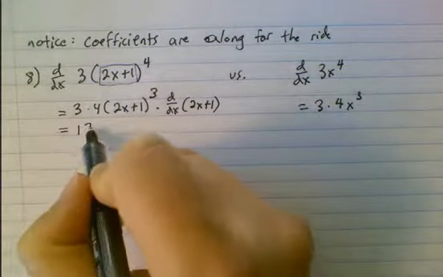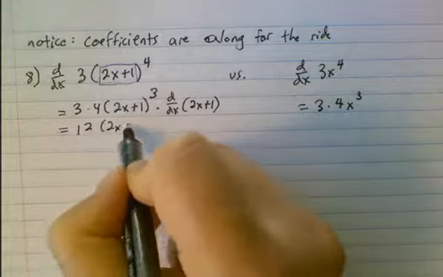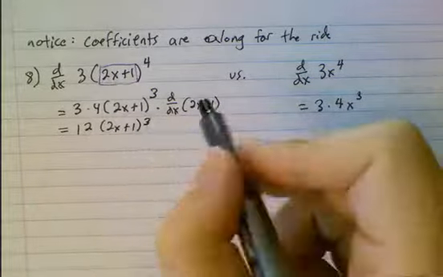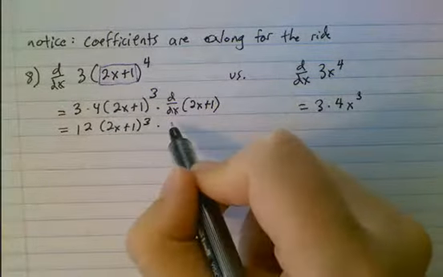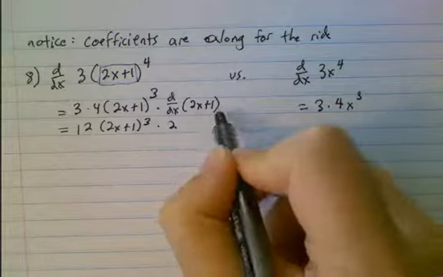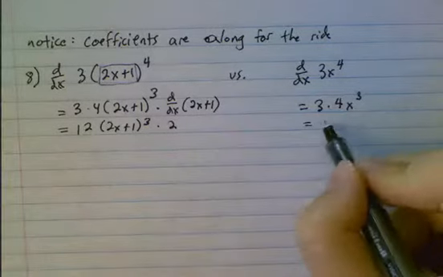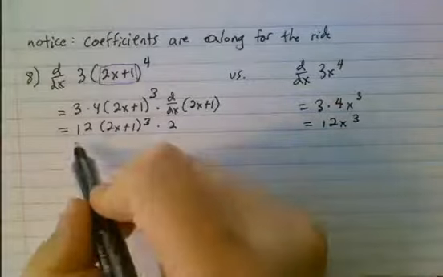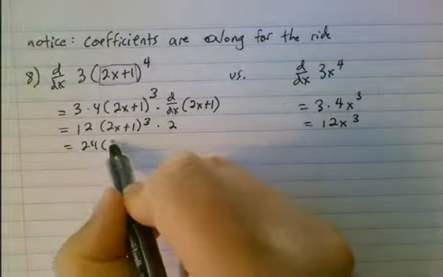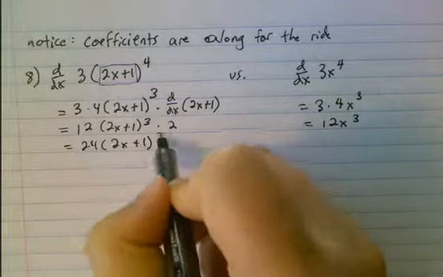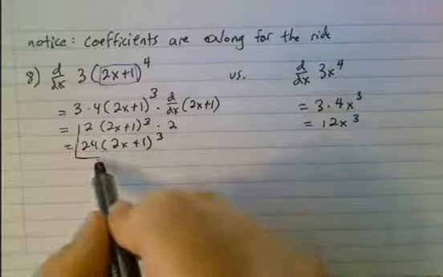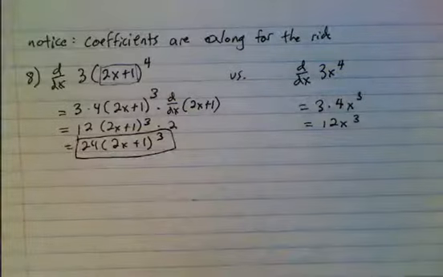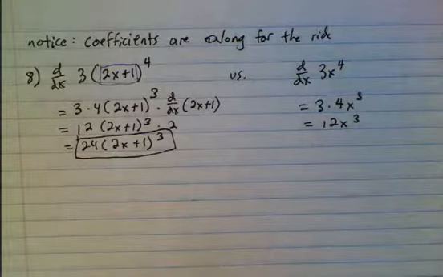That being the case, we've got 12, 2x plus 1 cubed, times the derivative of 2x is 2, derivative of 1 is 0. This is 12x cubed over here. Multiply these together, 24 times 2x plus 1 cubed. It's also possible to take the chain rule multiple times.